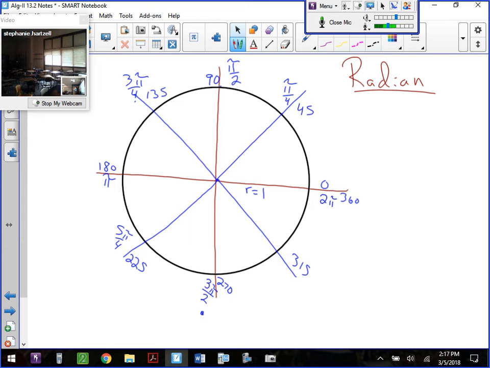Add a fourth to 6/4 and you get 7/4. And then lastly, it would be at 8/4, which is the same thing as 2 pi. Not too bad so far. Notice we just broke it down into quarters: 1, 2, 3, 4, 5, 6, 7, 8. 8 quarters going all the way around.